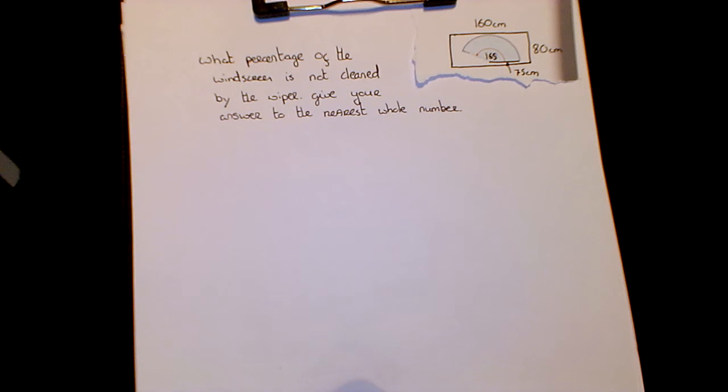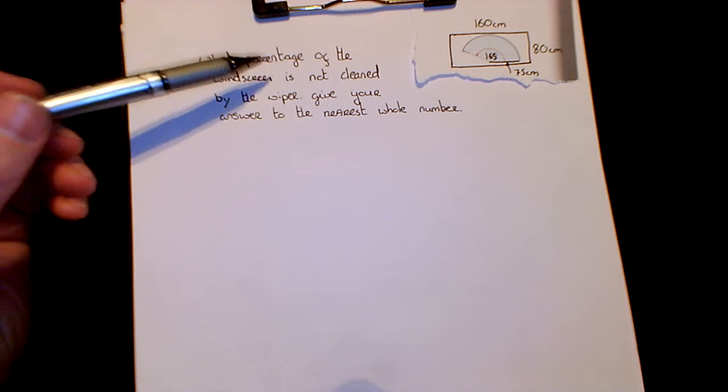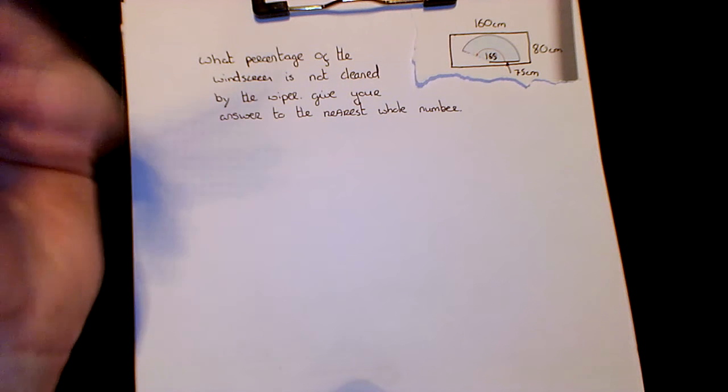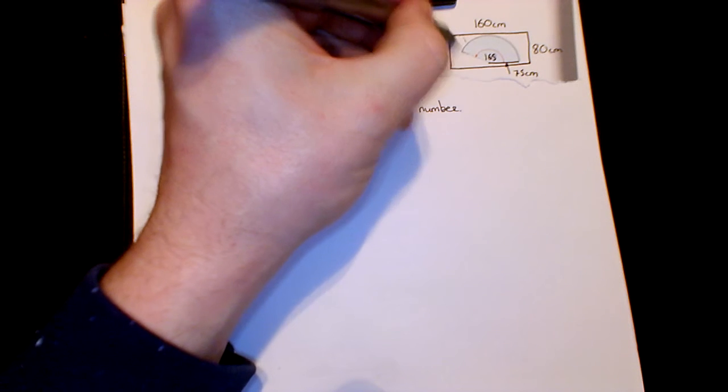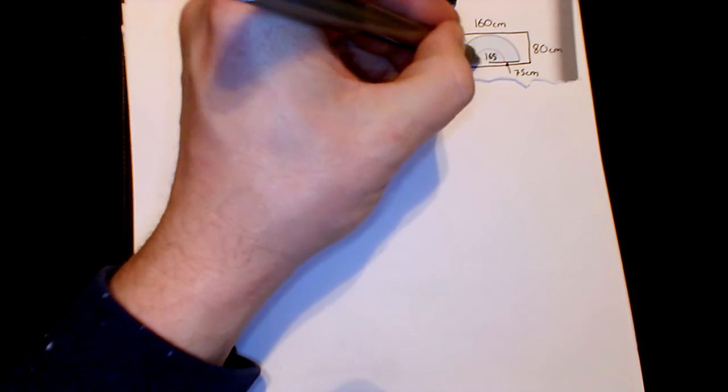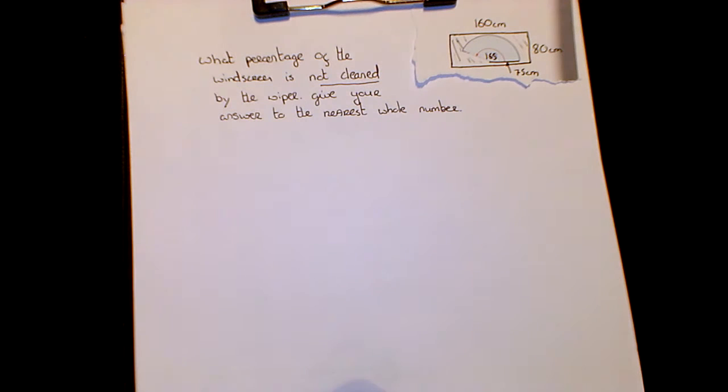So what are they asking us for? Well, they're asking us for the percentage of the windscreen that is not cleaned by the wiper. So they want to know the percentage of the white compared to the overall windscreen. They're only asking us one question.